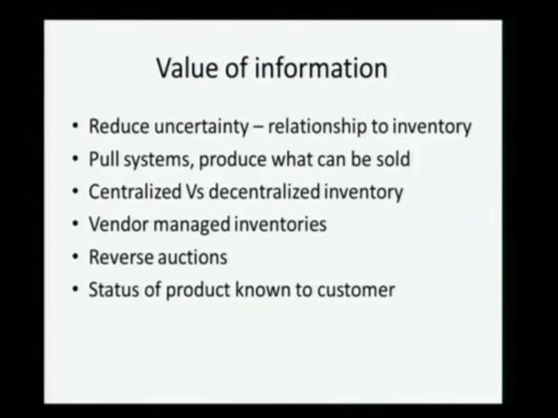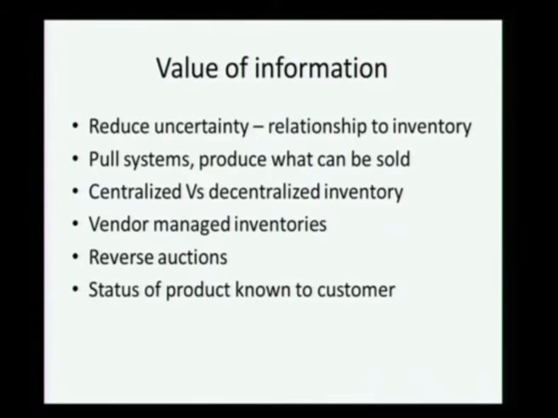Now we look at further detail on the value of information and what we can get through good data and good information. The first one is the reduction of uncertainty. Uncertainty is reduced because correct information is available at the right time. We have already seen that uncertainty relates to inventory.